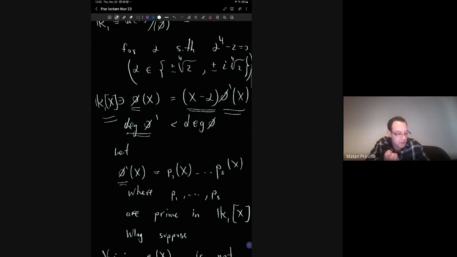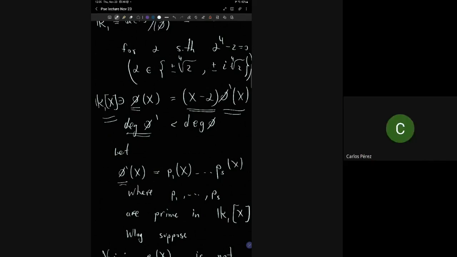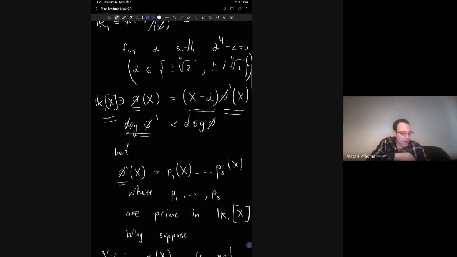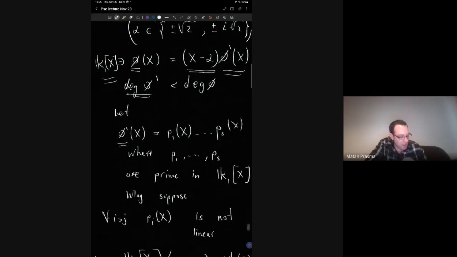Just as in the example where you add the symbol i, then you get two roots of the polynomial x squared plus 1. But I don't care. I just take whatever I'm left with. Let's say Pi of x for i bigger than j are the nonlinear factors of phi prime. I take one of them.